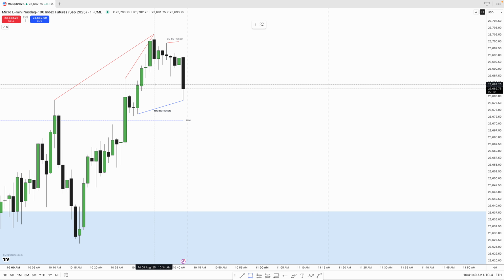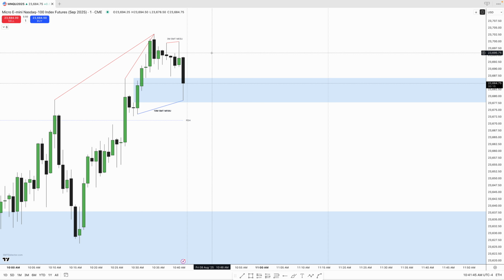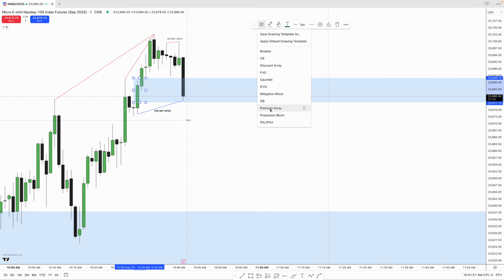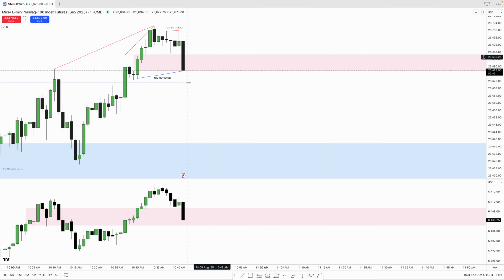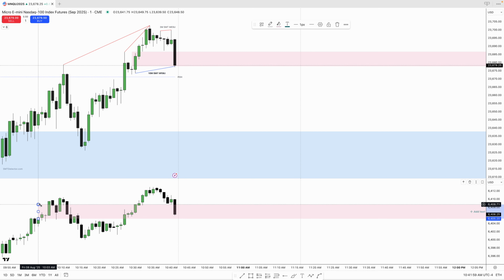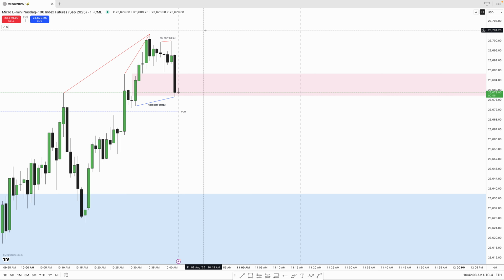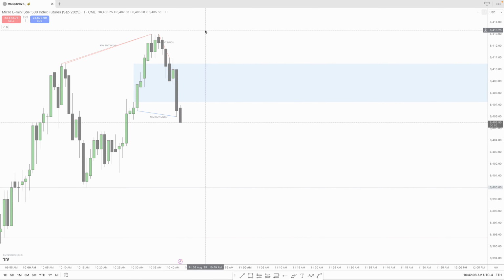Let's see what a short would look like here. Inversion fair value gap would be the CSD here. If we close below, we have the SMT with ES. Not ideal, but okay, CSD.